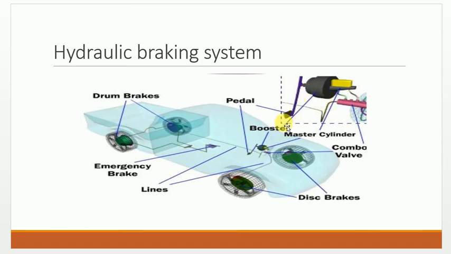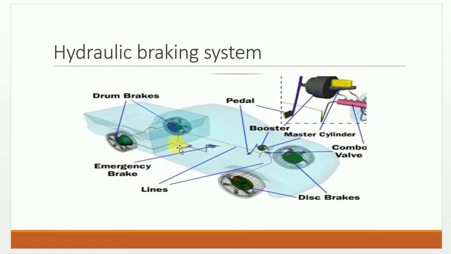When you press your brake pedal, the push rod pushes the piston in your master cylinder. From the master cylinder, the fluid is dispersed to each wheel through the brake lines. These brake lines are called bundy pipes, which are steel pipes.